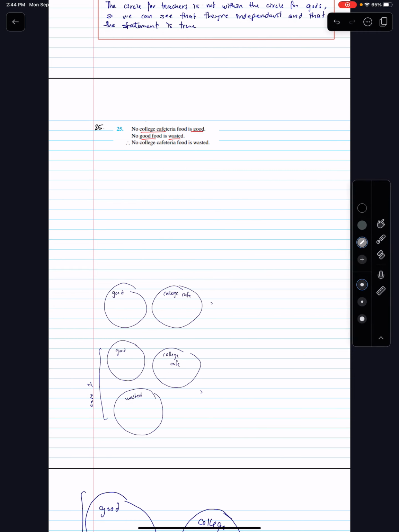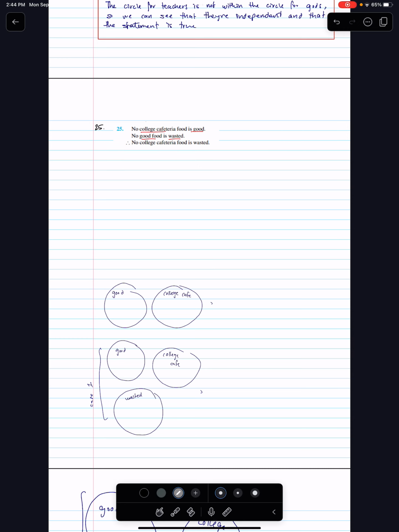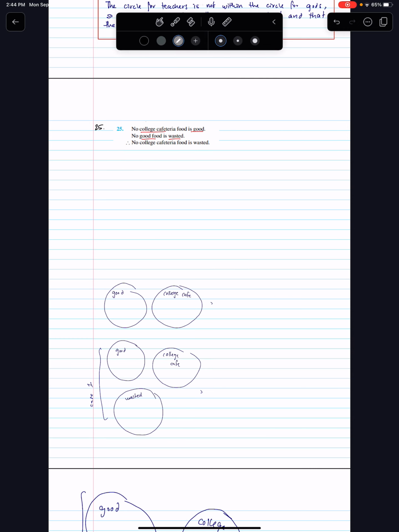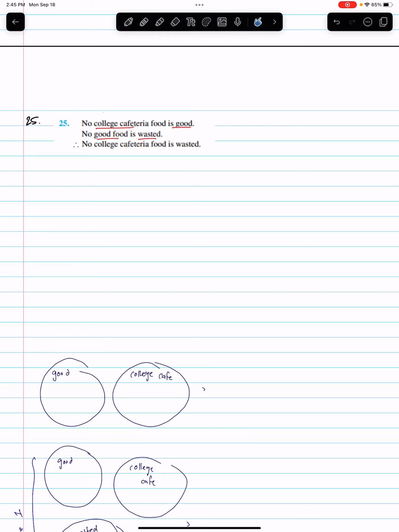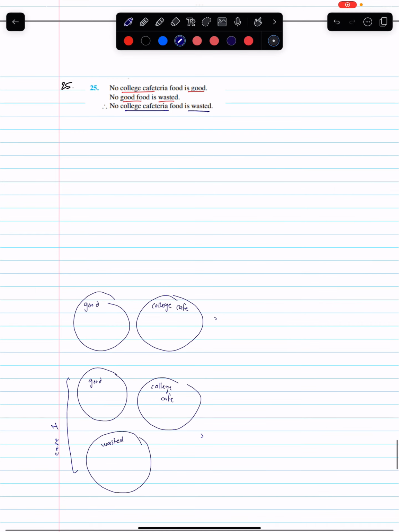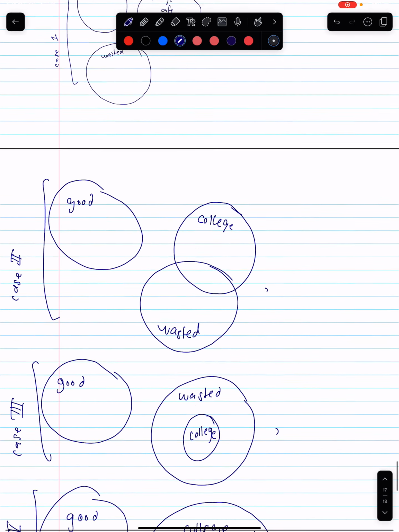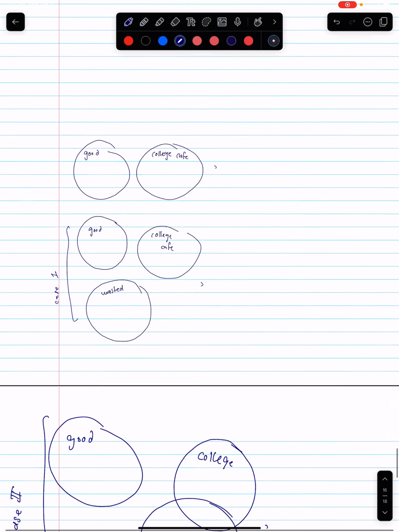But what we don't know is the relationship between, what in the world? What we can't determine is the relationship between college cafeteria food and wasted. You just saw all these possibilities I listed out, right?